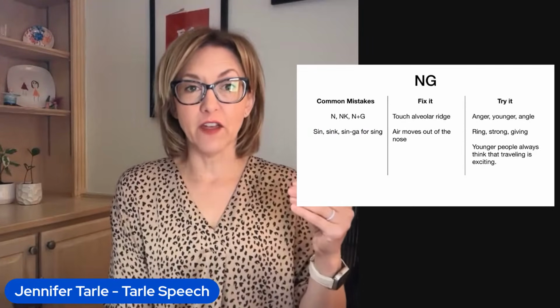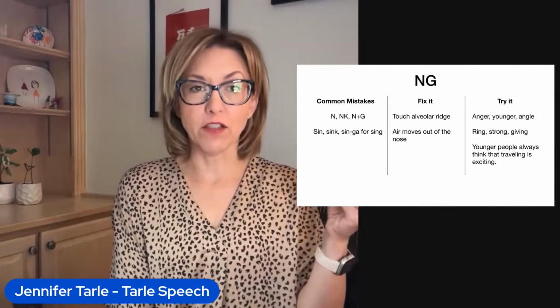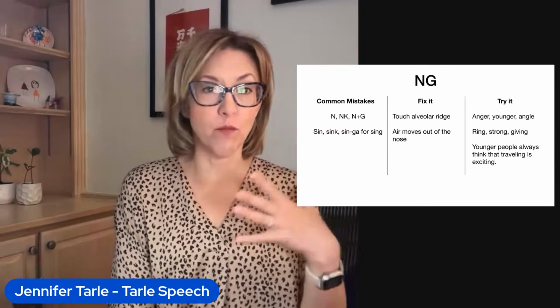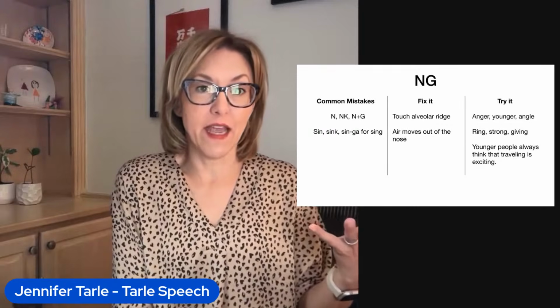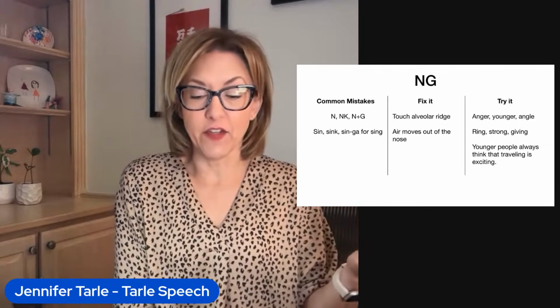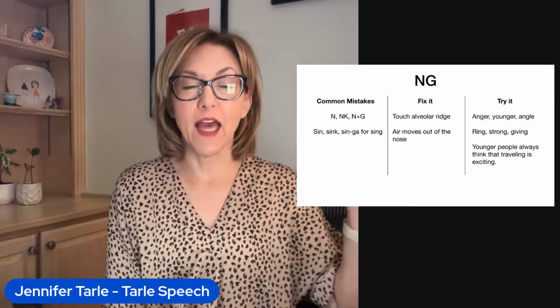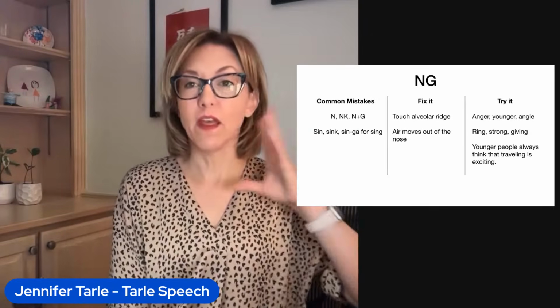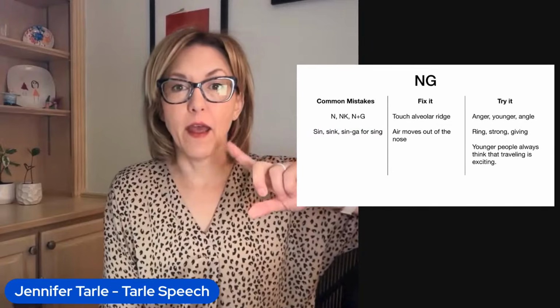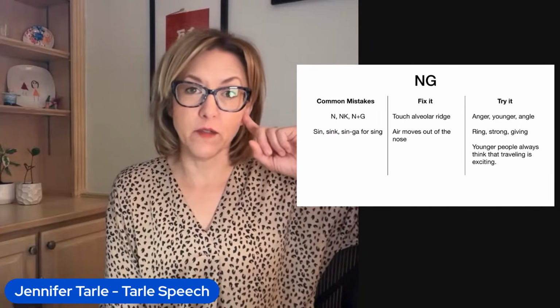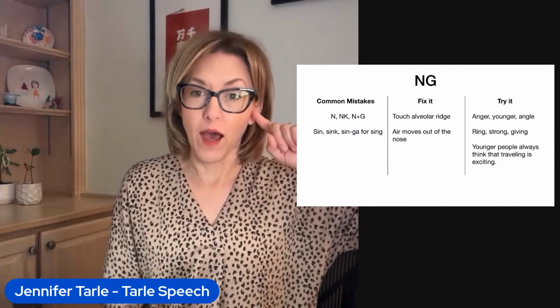So for this NG sound, think about the K and the G sound. Most people, in fact all the students that I work with, typically can say the K and the G sound. That is where your tongue needs to be: tip of the tongue down and back of the tongue pulled high up.